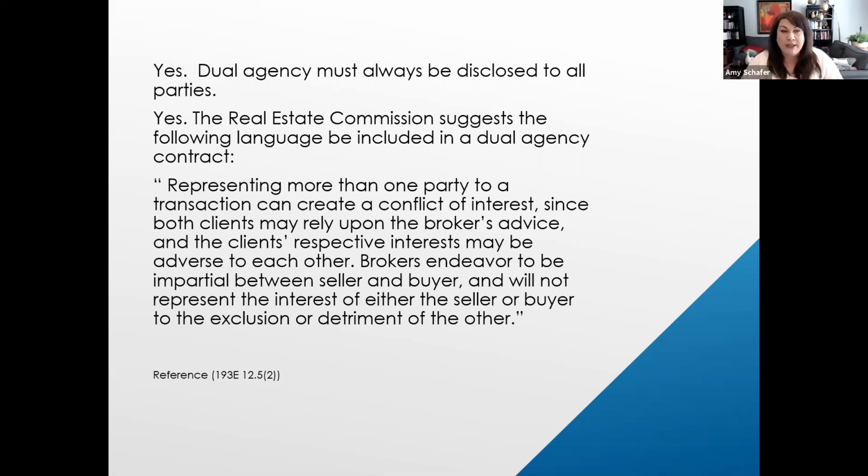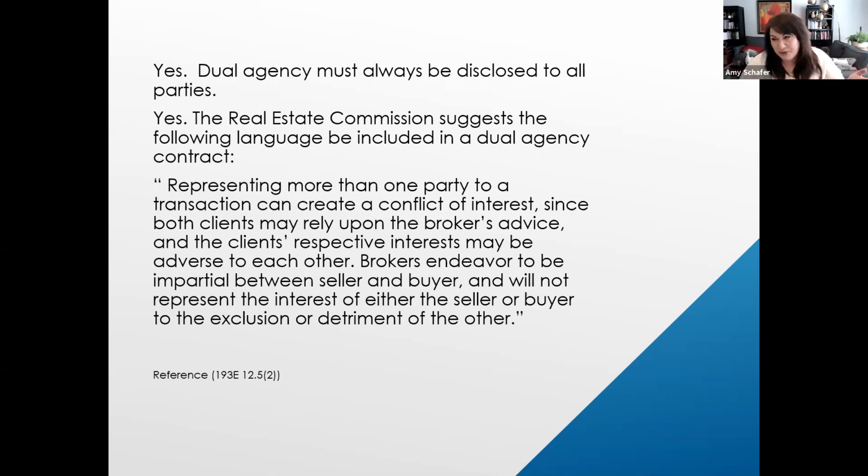Representing more than one party to a transaction can create a conflict of interest, since both clients may rely upon the broker's advice, and the clients' respective interests may be adverse to each other. Brokers endeavor to be impartial between buyer and seller and will not represent the interest of either the seller or buyer to the exclusion or detriment of the other.